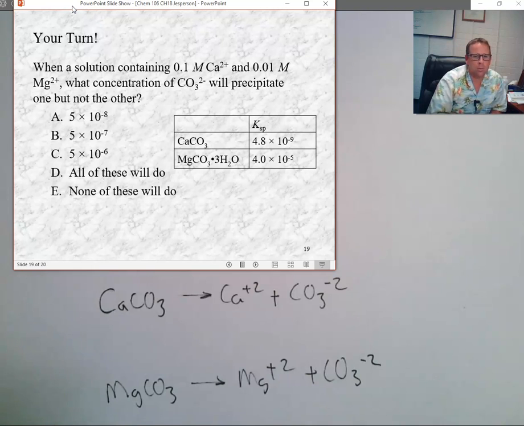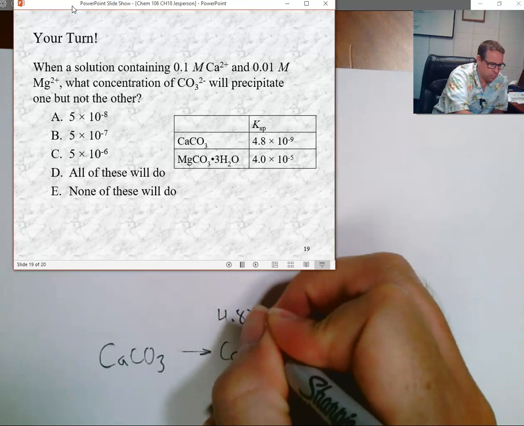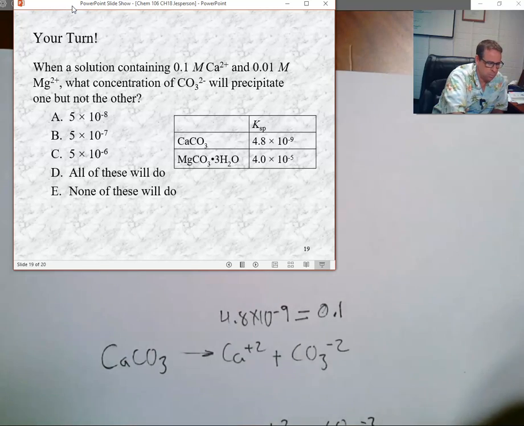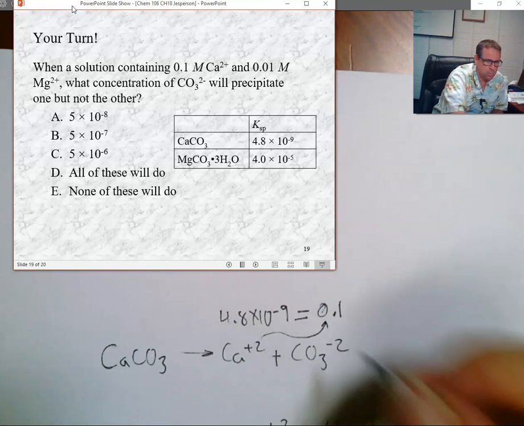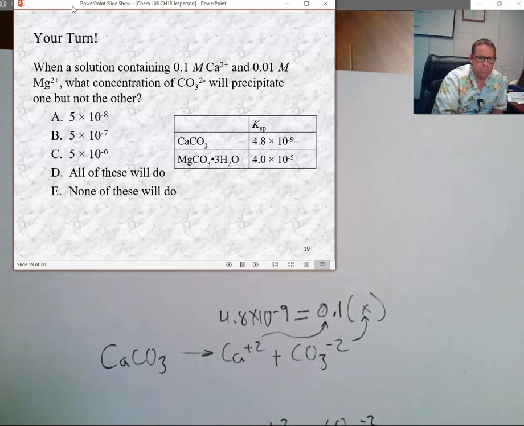All right. And then we know the concentration of the Ca, which is 0.1 molar, and then we know the KSP, so we can do 4.8 times 10 to the negative 9 equals 0.1, which represents the concentration of the Ca plus 2, times X, which symbolizes the concentration of CO3.